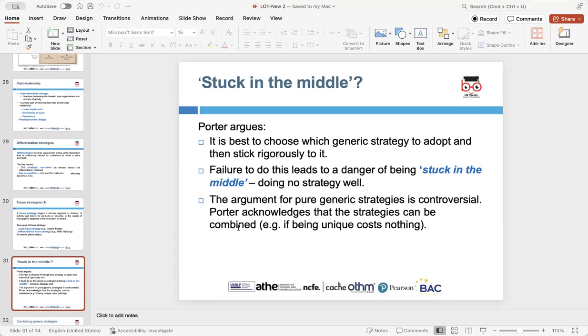Porter argues that it's crucial for an organization to clearly choose and consistently follow one of the generic strategies. Being stuck in the middle, attempting to pursue multiple strategies without clear focus, can lead to ineffective implementation and failure to achieve a competitive edge.